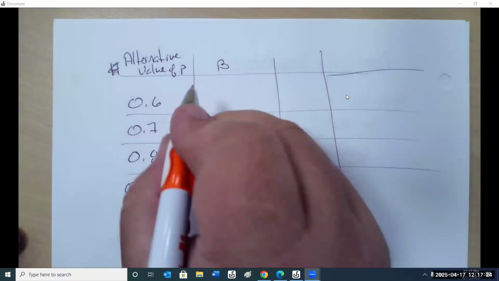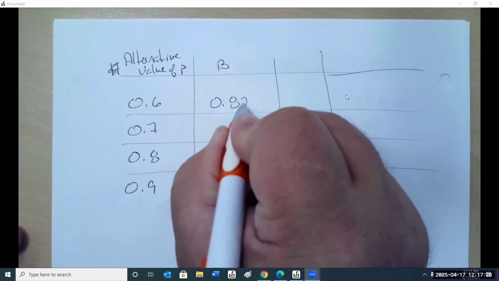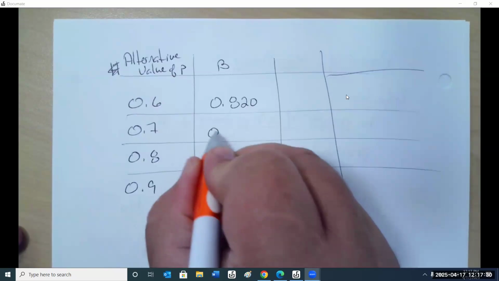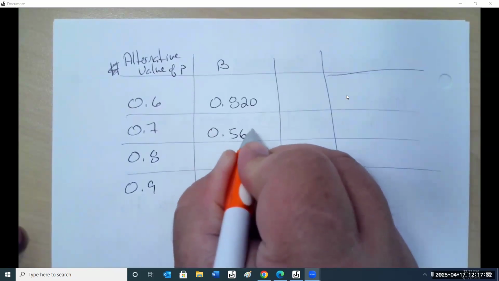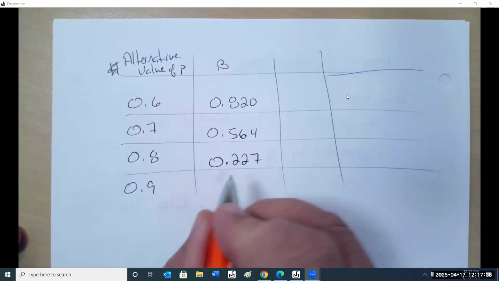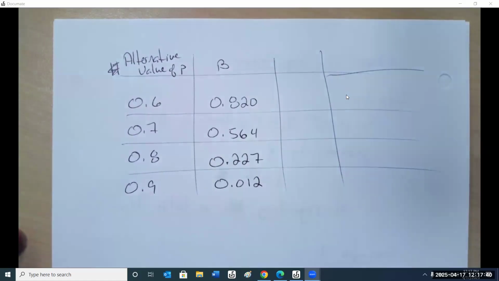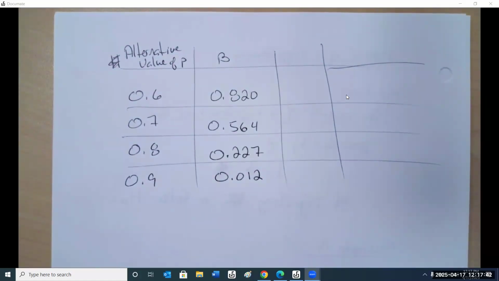We calculate the beta value. We don't have the charts or the software, so these are stated.